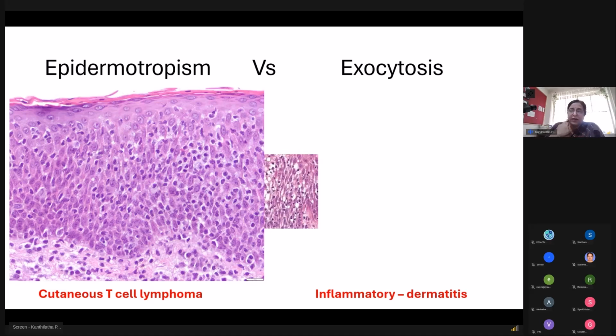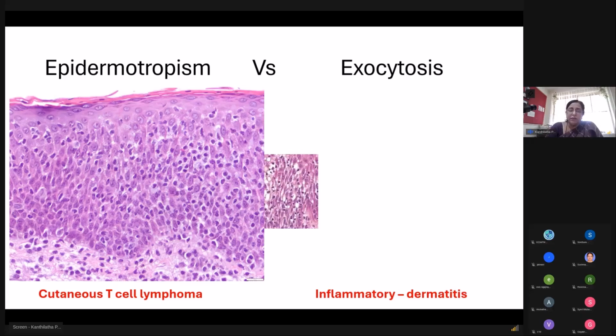Even in inflammatory conditions like dermatitis, lymphocytes go into the epidermis, but you call it exocytosis, not epidermotropism, and there is marked intercellular edema or spongiosis. That's how you differentiate epidermotropism of lymphoproliferative disorder from exocytosis.